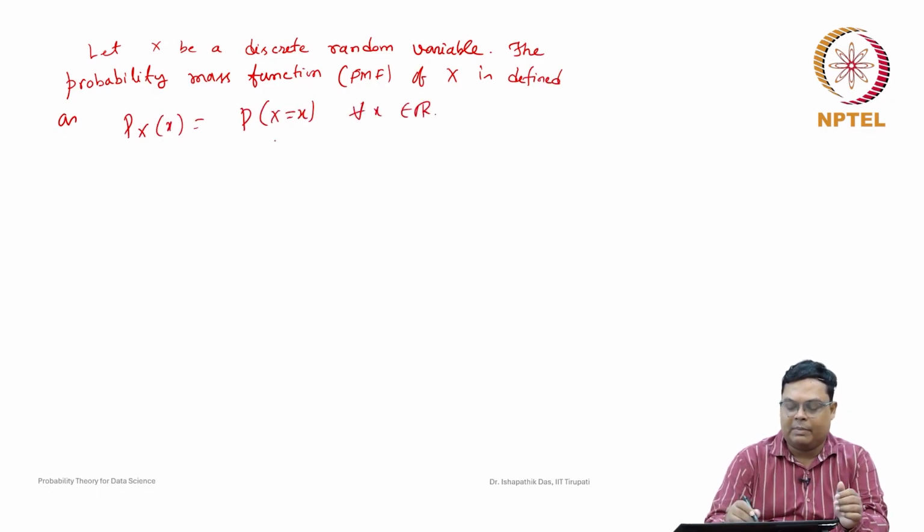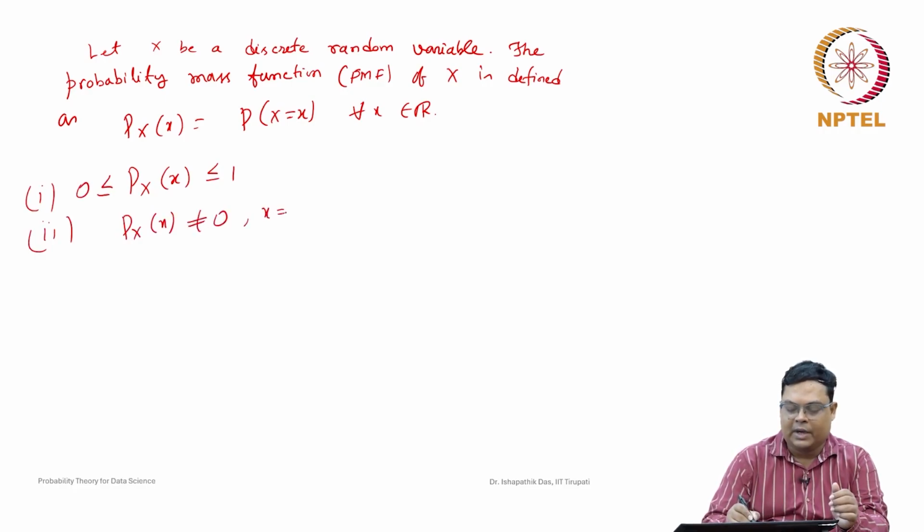Now, we can define it for all x, but it will be 0 for most. P_X(x) is always greater than or equal to 0 and less than or equal to 1. These are some of the properties, and we know that P_X(x) is not equal to 0 whenever x is equal to x_k for some k belonging to 1, 2, and so on.